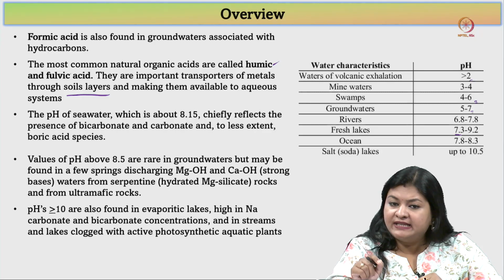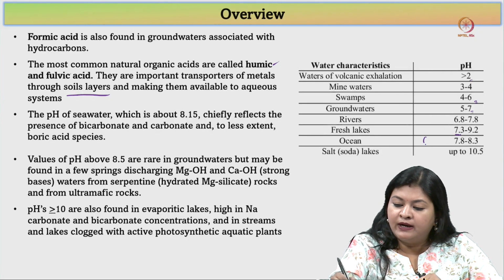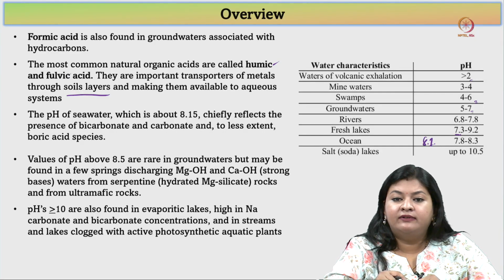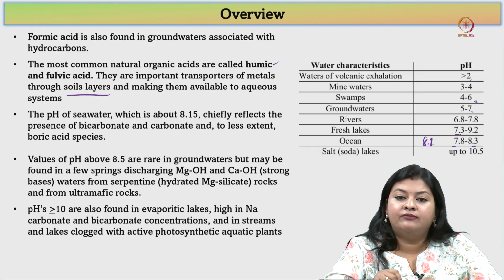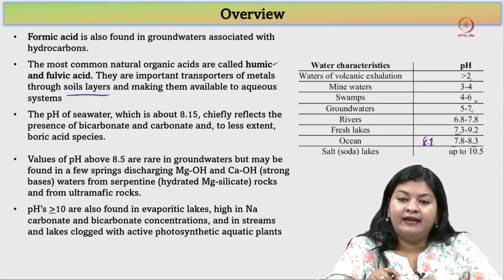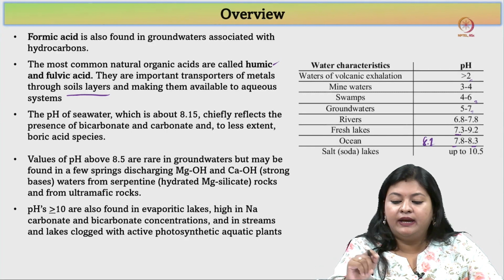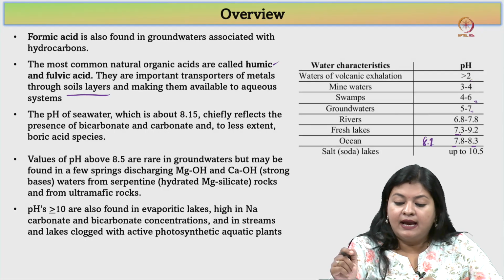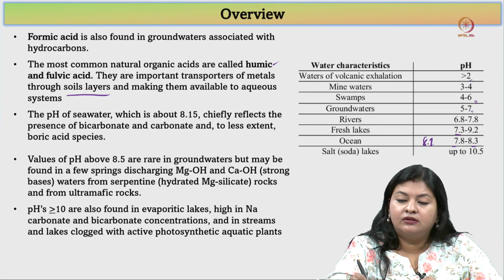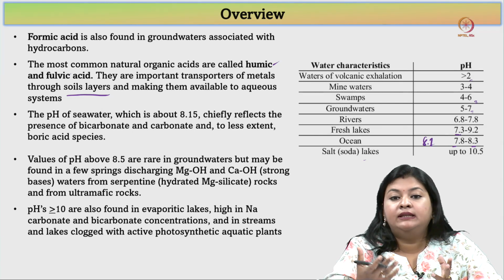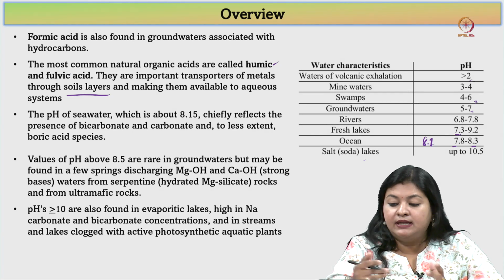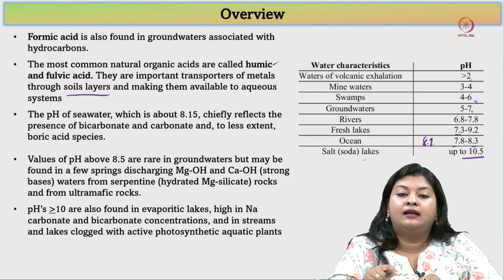Oceans average is 8.1. Average we say it is now 8.1, but at different locations it can be a little variable. It can vary from 7.8 to 8.3. And salt lakes, where a lot of evaporation is happening, are very alkaline.